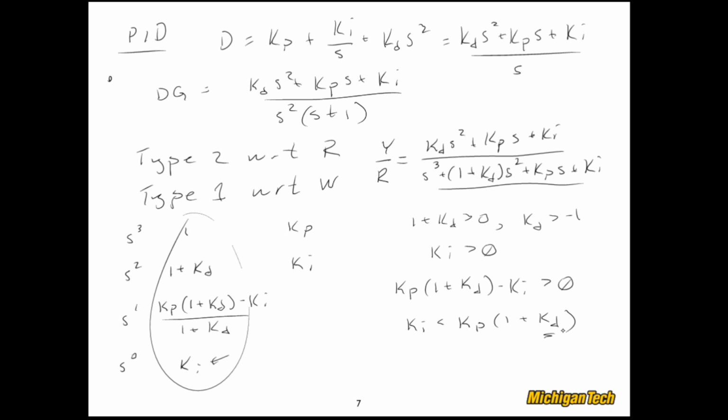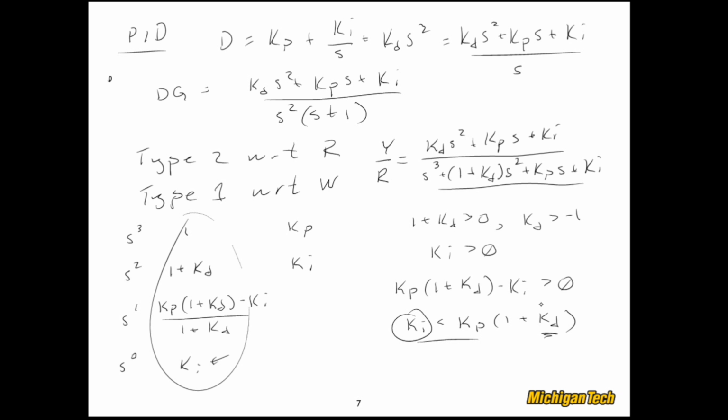When we didn't have Kd, we had the requirement that Ki had to be less than Kp. But now that we have Kd in there, we can actually increase Ki, because Ki just has to be less than Kp times the quantity 1 plus Kd. So as long as Kd is greater than 0, it tells us that we can actually increase Ki.